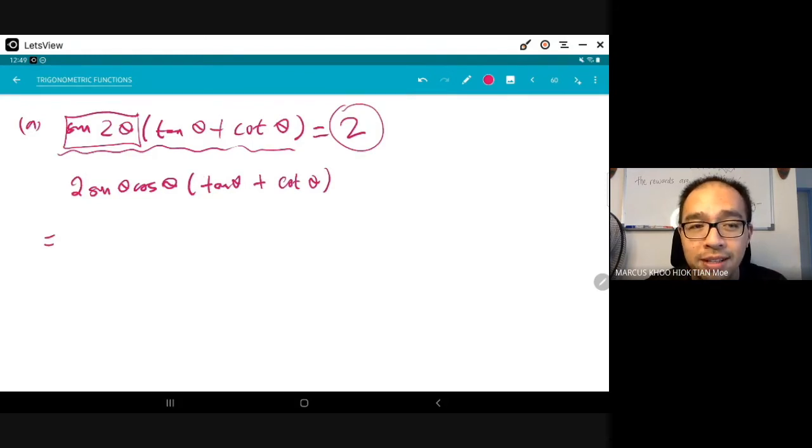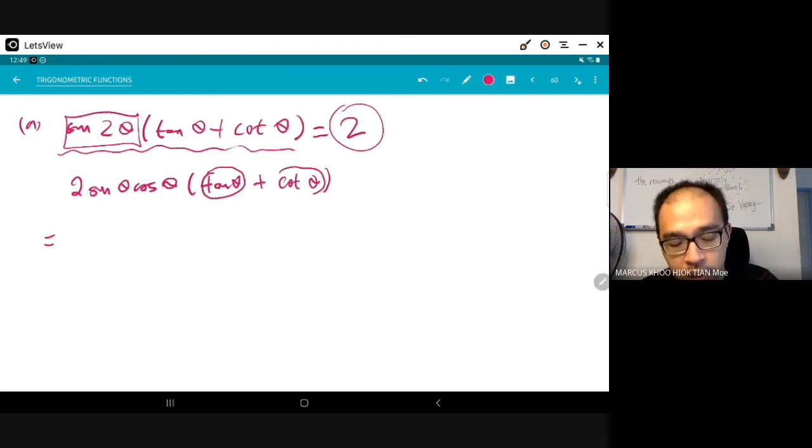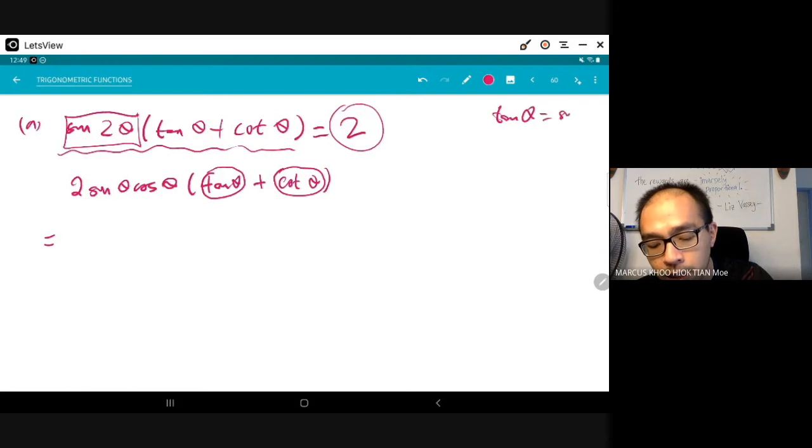Hopefully. The next thing we can do is substitute the tangent theta and the cotangent theta with sine over cos, because remember, tangent theta is sine theta over cos theta.